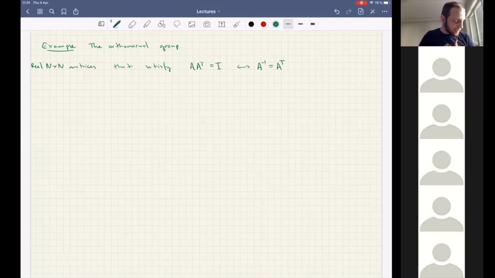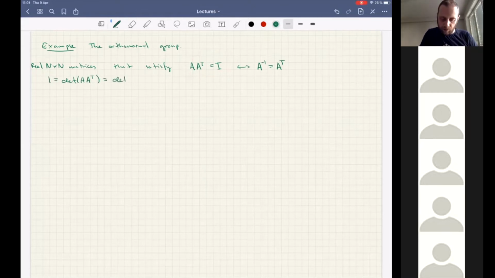So the question becomes, is this a group? Again, let's look at the determinant of this defining relation. So A is part of this group if this is true. That means that the determinant of A times A transpose must be equal to 1.